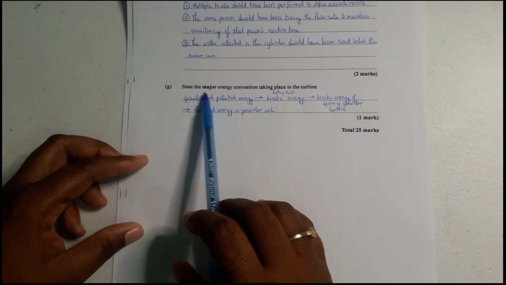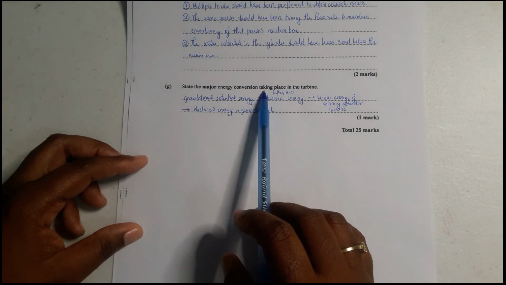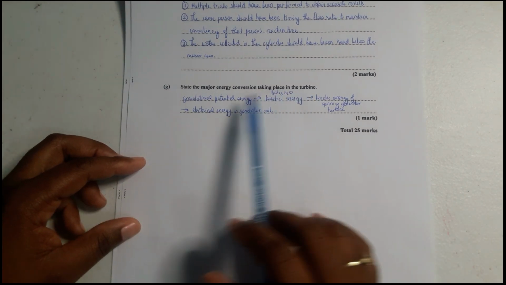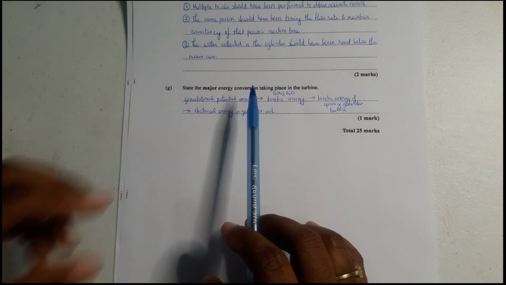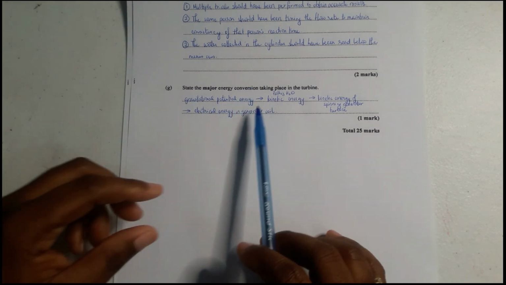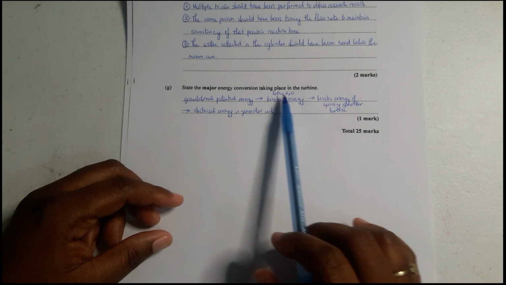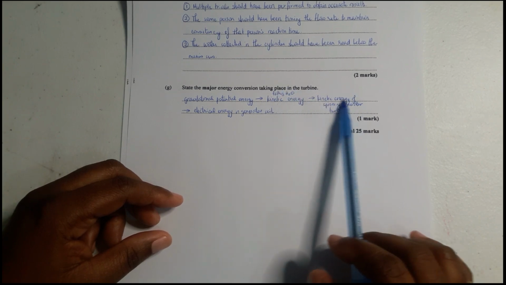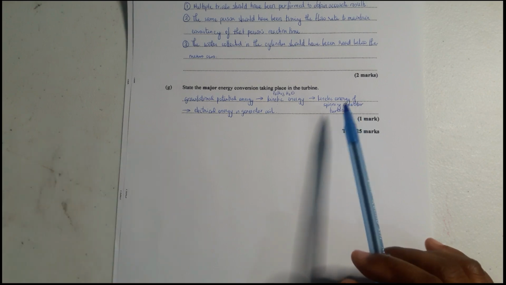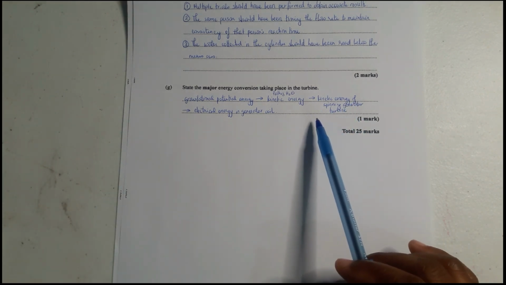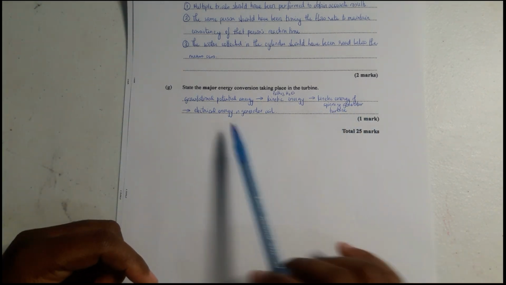Then it says state the major energy conversion taking place in the turbine. So we first start off with gravitational potential energy. That's the water just before it falls. Then kinetic energy of the falling water and kinetic energy of the spinning generator turbine. So that's the water hitting on the spinning generator.